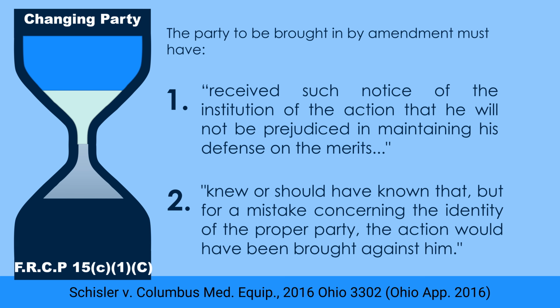In order to amend a complaint to change a party, the party who is brought in by the amendment must have: 1, received notice of the institution of the action such that he will not be prejudiced in maintaining his defense on the merits. 2, the party knew or should have known that, but for a mistake concerning the identity of the proper party, the action would have been brought against him.